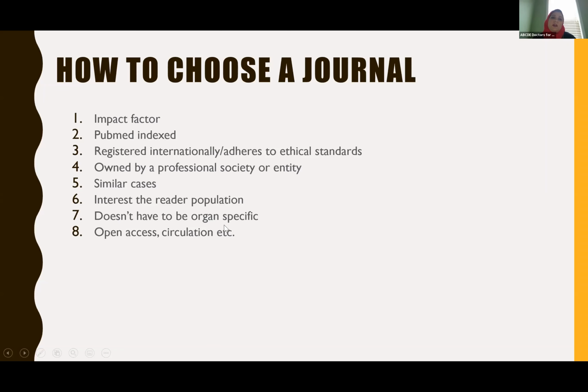The other thing, it does not have to be organ specific. For example, once upon a time, I had a case of an ectopic spleen. Spleen in and of itself is an organ that would be of interest to hematologists, hematopathologists, immunologists. There are a lot of different groups of people who would be interested in the spleen. An ectopic spleen might interest a surgeon, for example.